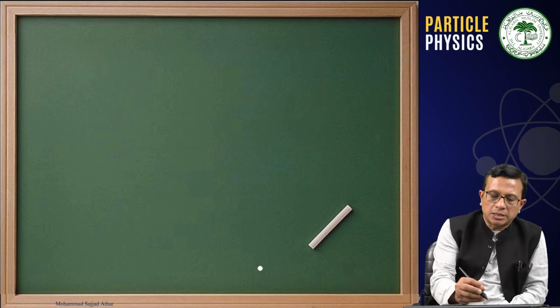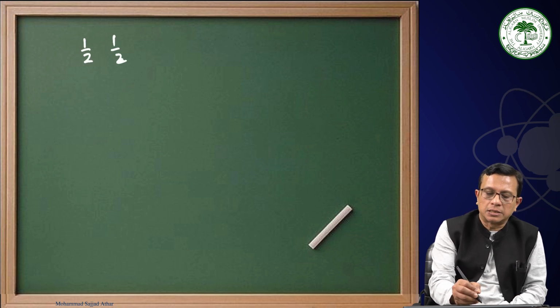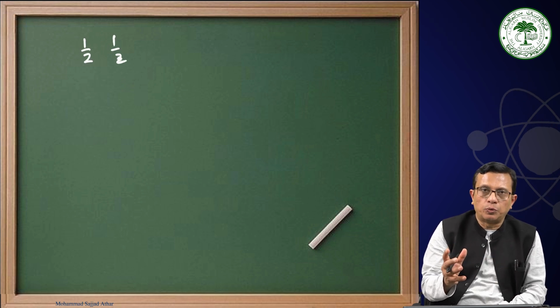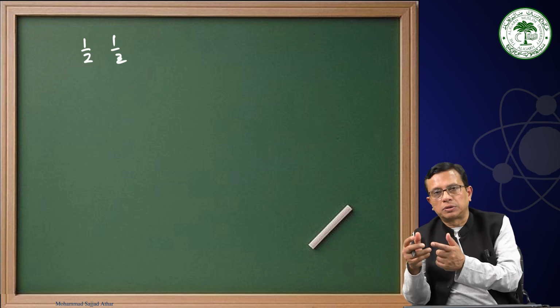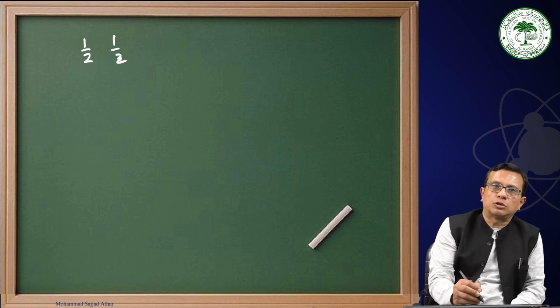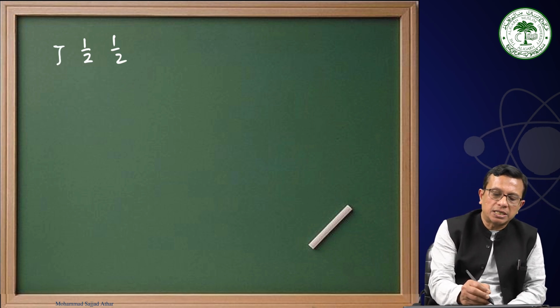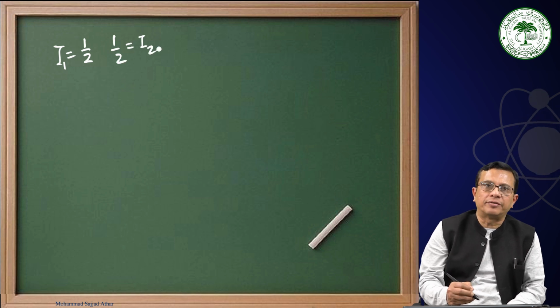Now, if you can recall, if we have two isospin half objects, I'm not telling you which one of them, they can be both U, both D, or one can be U and another D. Both are isotopic spin half objects. Let us write I1 equal to half and I2 equal to half.